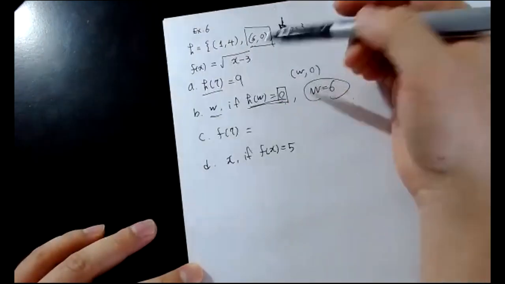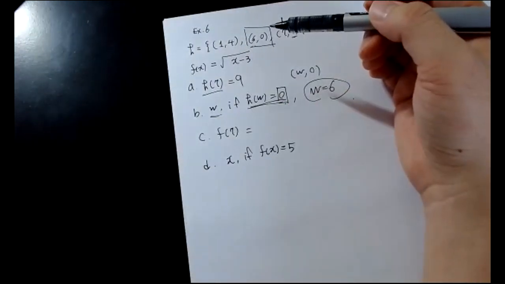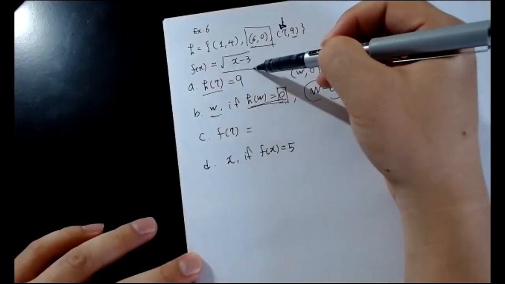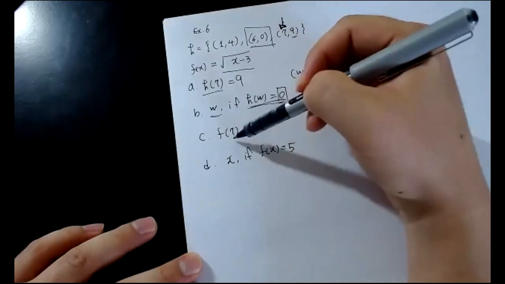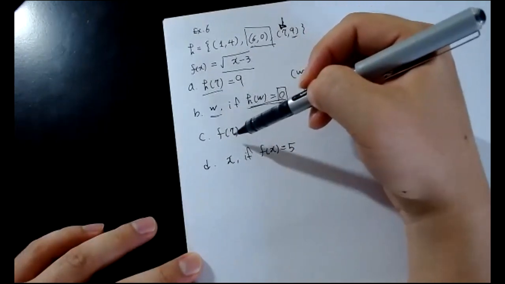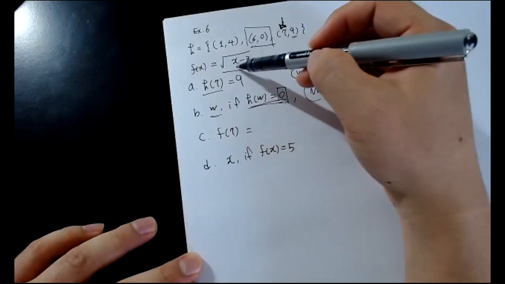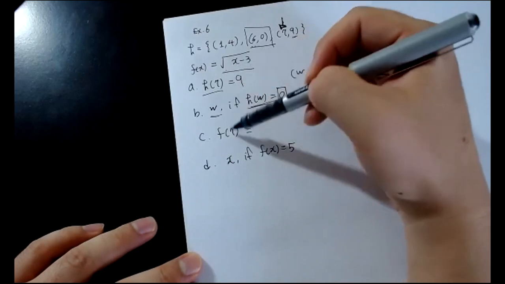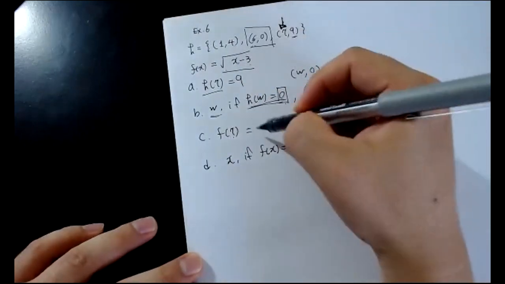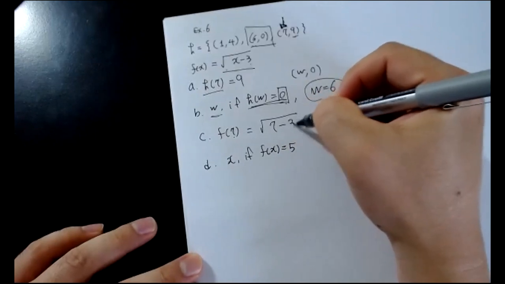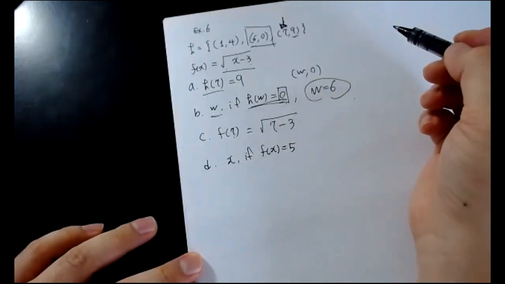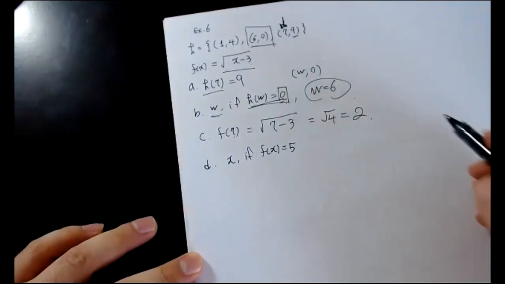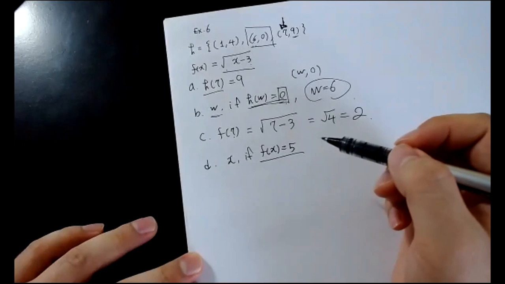And f of 7 is what? Here, for f of 7, you have to replace every single x on the right hand side of the function definition with 7. So f of 7 is the square root of 7 minus 3, which is the square root of 4, which is 2. And then f of x equals 5.